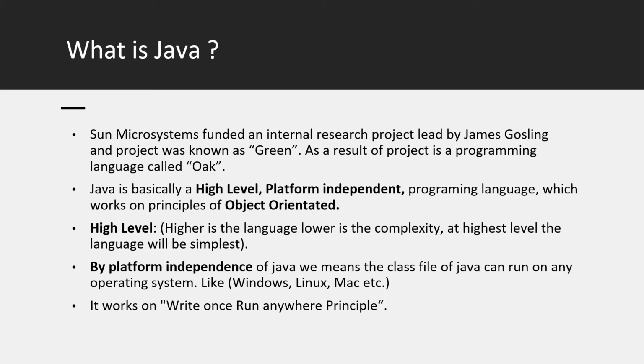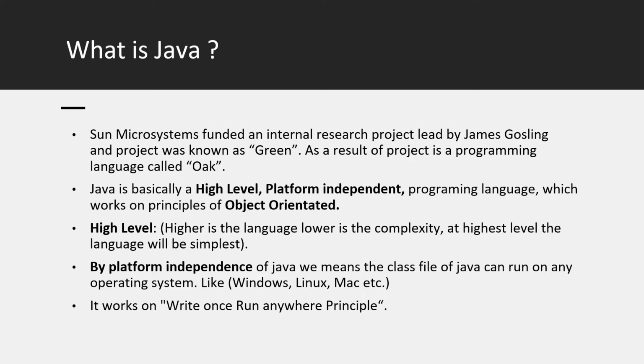When we start writing Java programs, you will see that it is less complex, easy to write, as compared to the low level languages where you are talking in machine language or maybe some other languages like assembly language. These are different, difficult languages when we actually write a program. So this is high level, means less complex, easy to understand and easy to write.